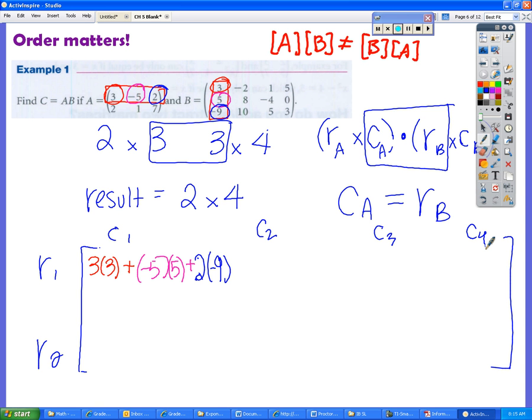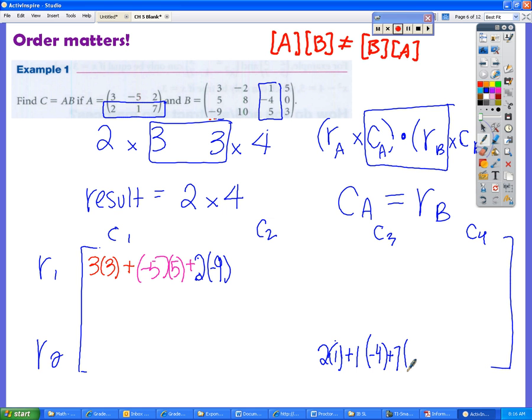Let's pick a random term. So I'll pick row 2, column 3. Row 2, column 3 says that if I want to multiply, I would pick this row and column 3, and multiply. So that would be 2 times 1 plus 1 times negative 4 plus 7 times 5.